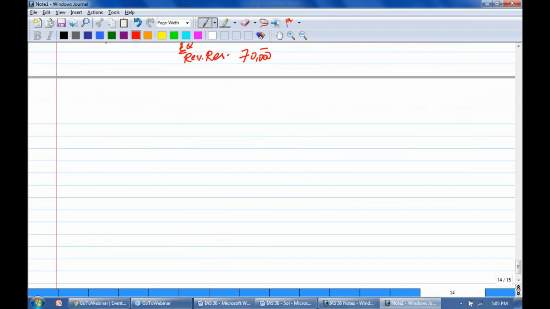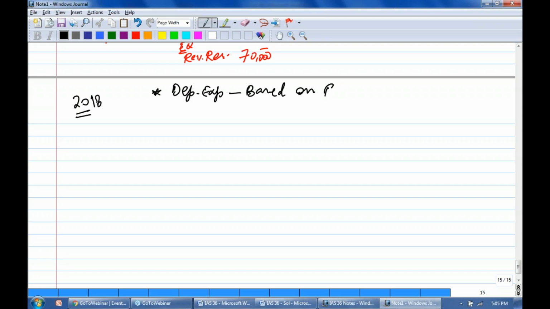Now 2018. You know that depreciation expense is based on the revalued amount of 420,000.